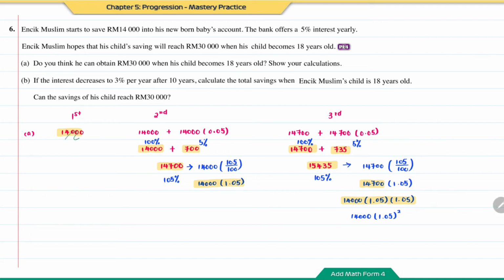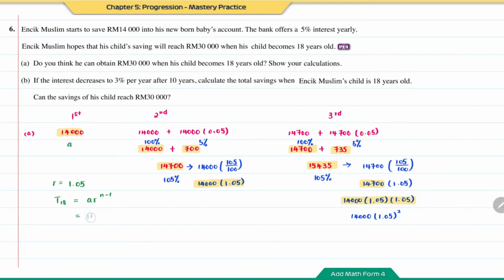So here, this 14,000 is the A, the first term. And as for the R, as you multiply it with the constant number 1.05, the R will be 1.05. So now, we want to know whether Inject Muslim can achieve 30,000 of saving when his child becomes 18 years old, which means now we're going to find the 18th term. So we're going to use the formula AR^(n-1).